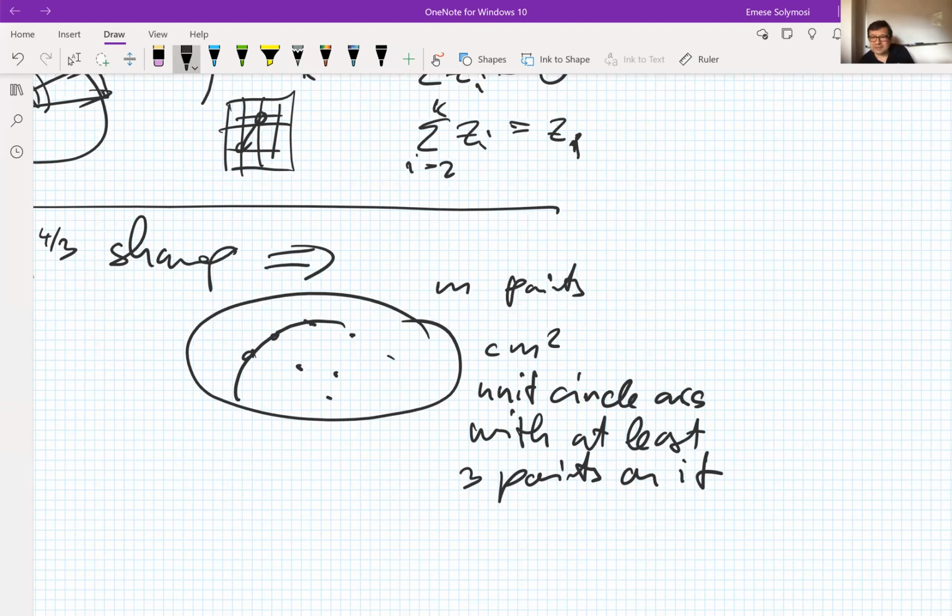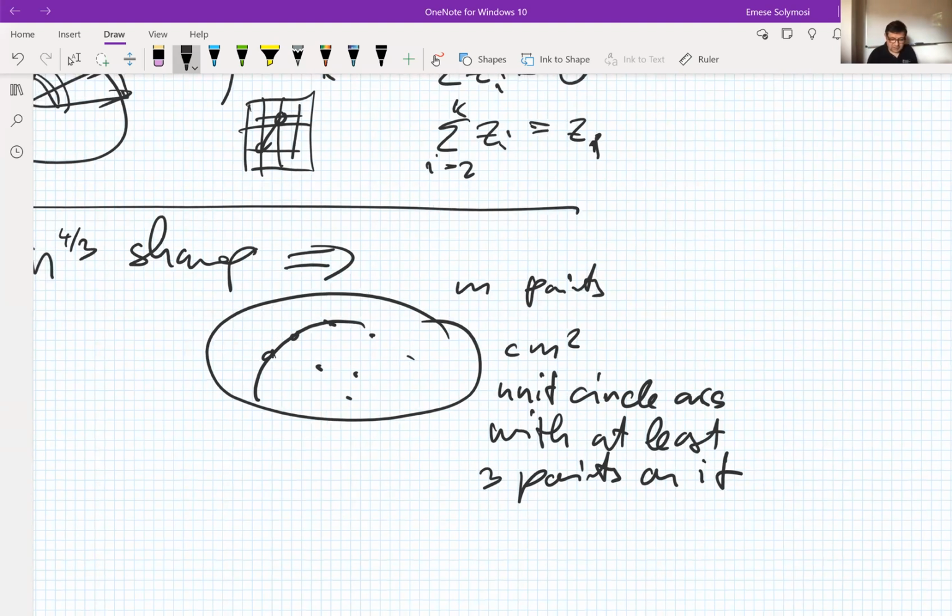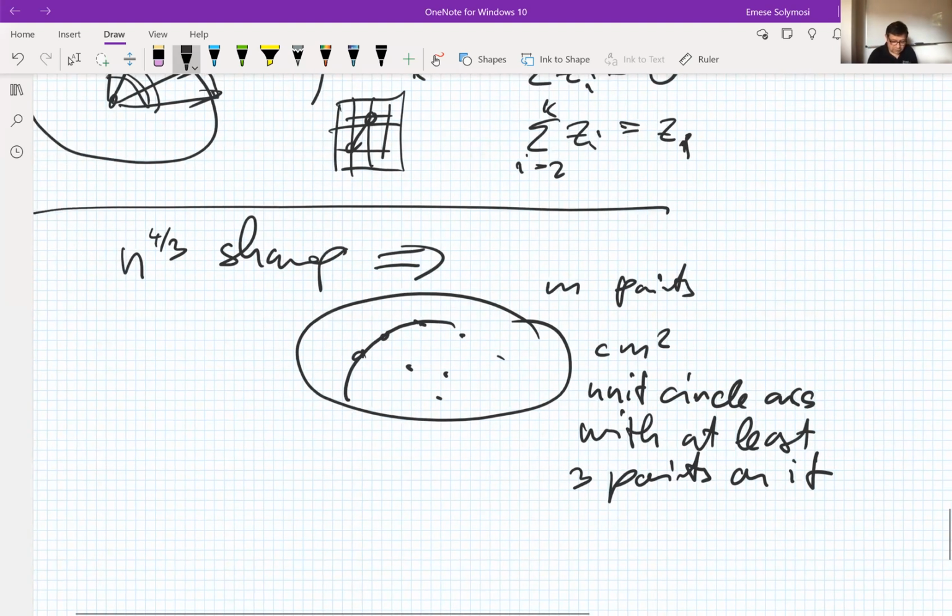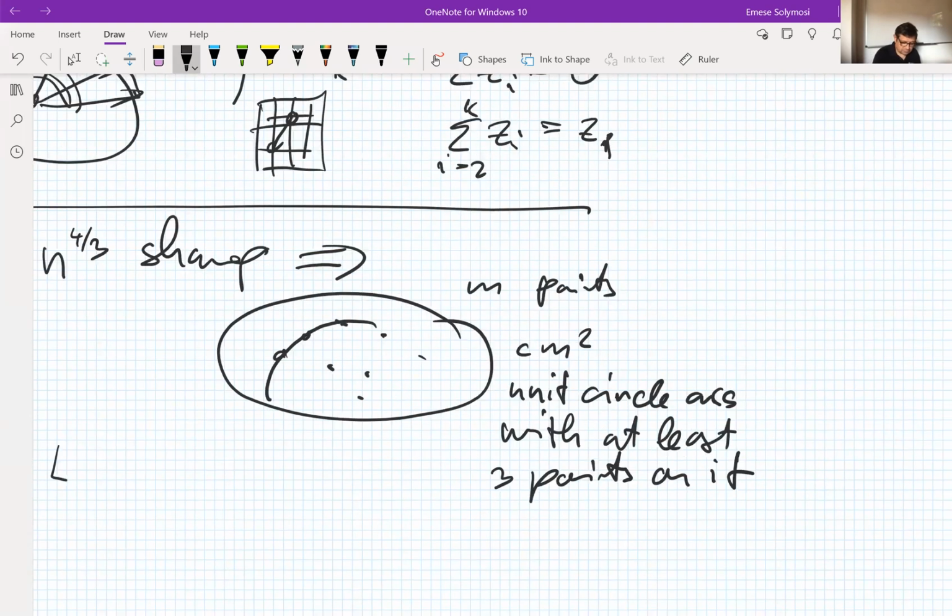And probably it's not possible. That's another problem of Erdős. Among n points, what is the maximum number of unit circles which contain at least 3 points out of it?